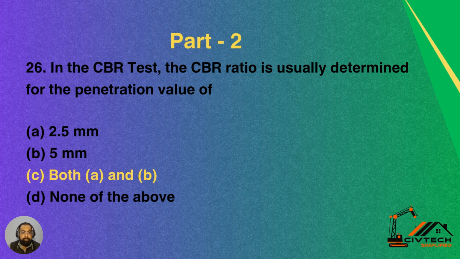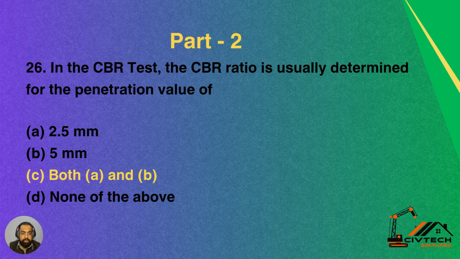Question number 26. In the CBR test, the CBR ratio is usually determined for the penetration value of option A 2.5 mm, option B 5 mm, option C both A and B, option D none of the above.